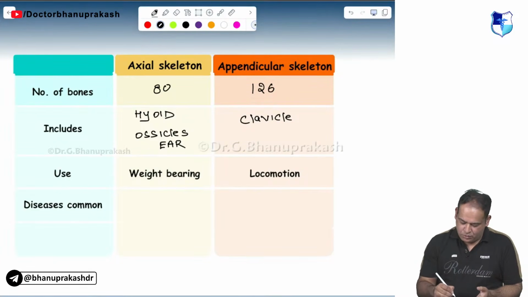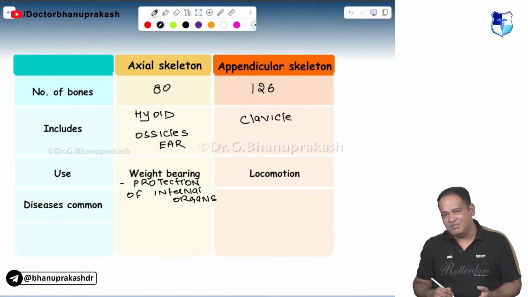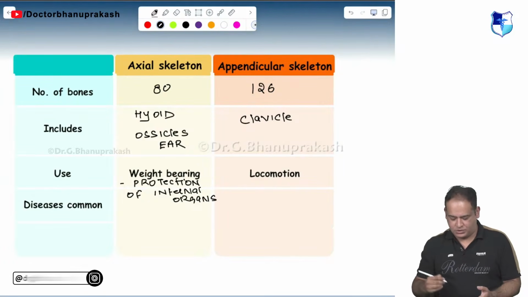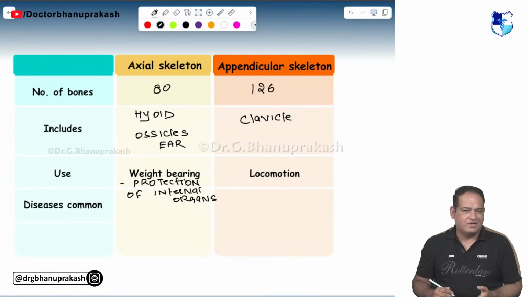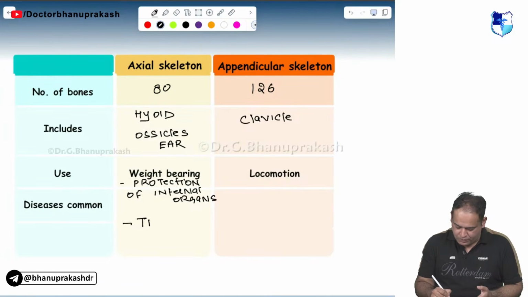Now, what is the use of the axial skeleton? Weight bearing and protection of internal organs. And the appendicular skeleton is primarily used for locomotion, right? Now, what are the diseases which are common in the axial skeleton? Tuberculosis.